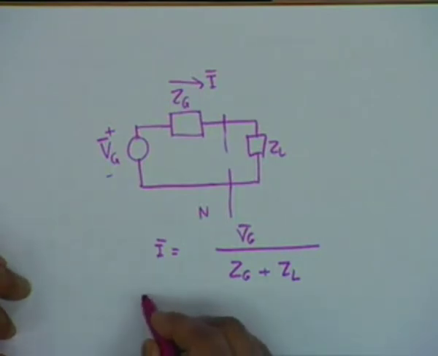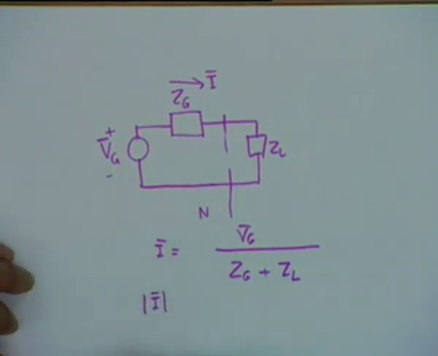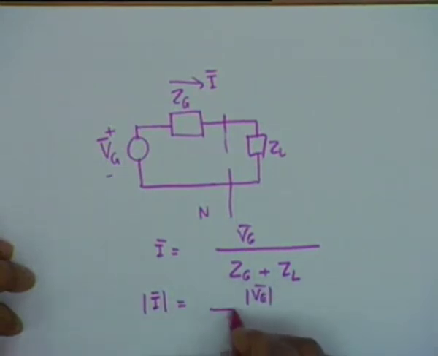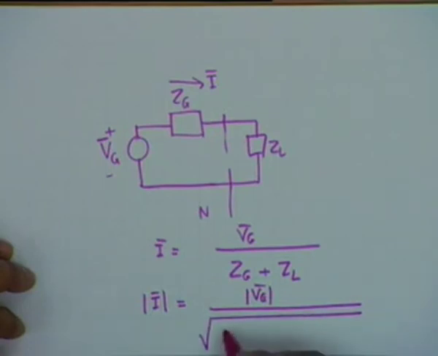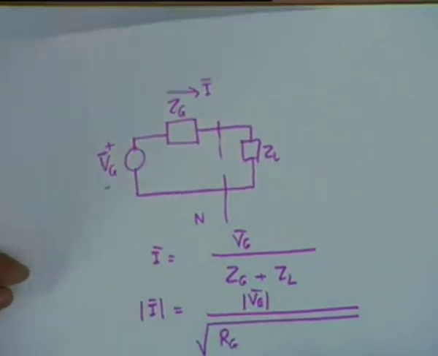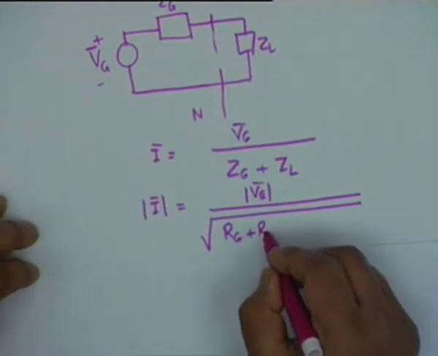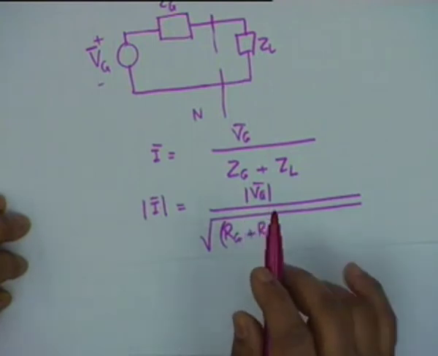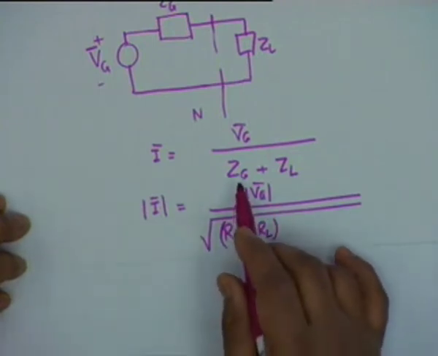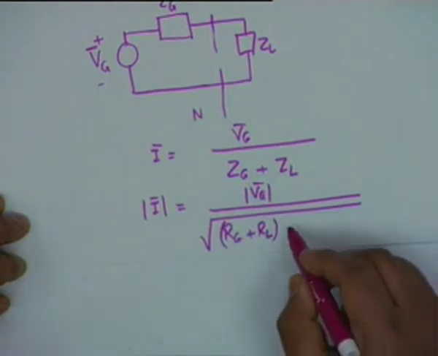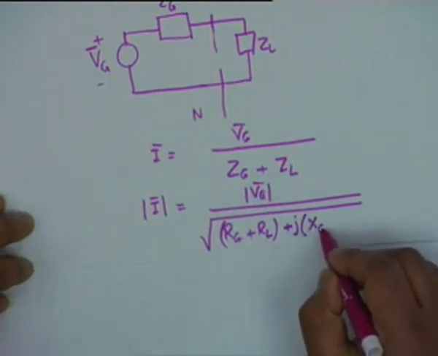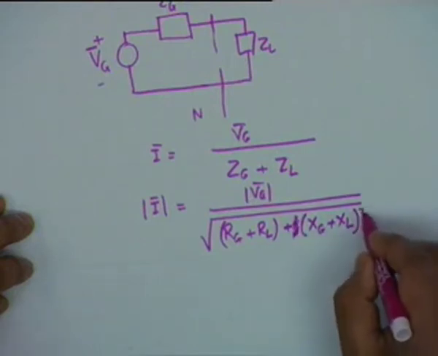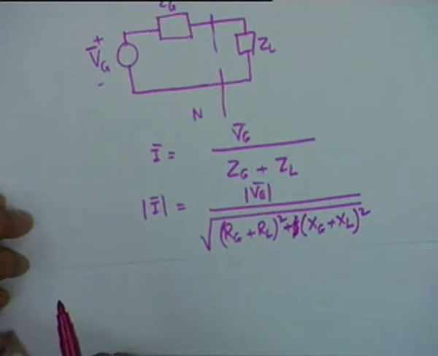So the magnitude of the current is given by the magnitude of the voltage phasor divided by the square root of (Rg plus RL) whole squared plus (Xg plus XL) whole squared. Now we are breaking up the impedances into their real and imaginary parts, that is resistive and reactive parts, because we are finding out the current.